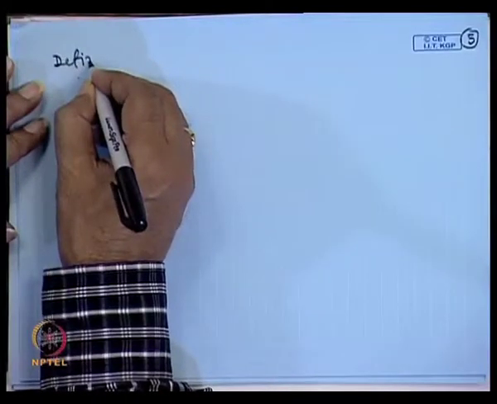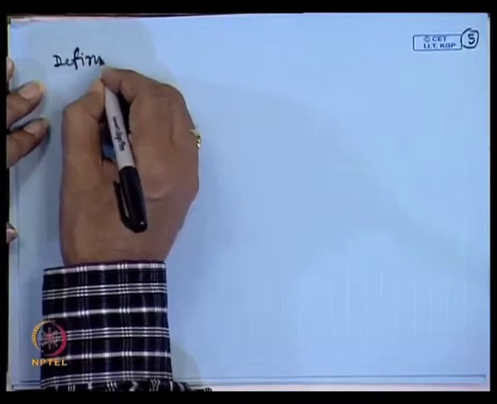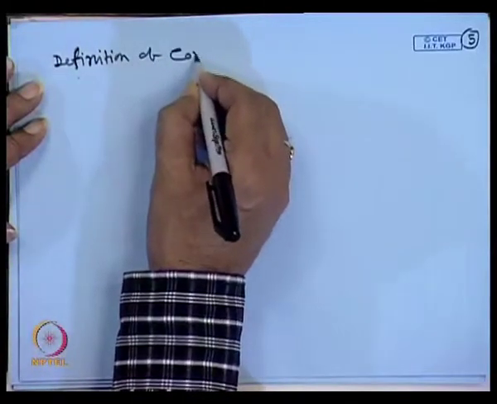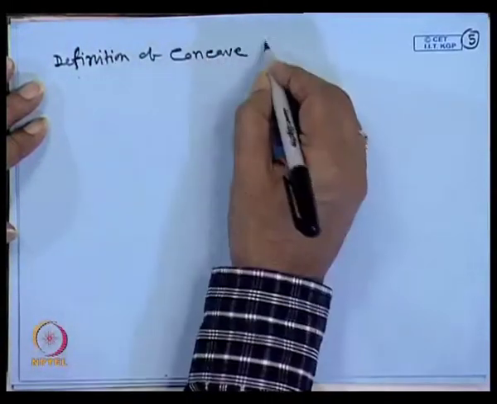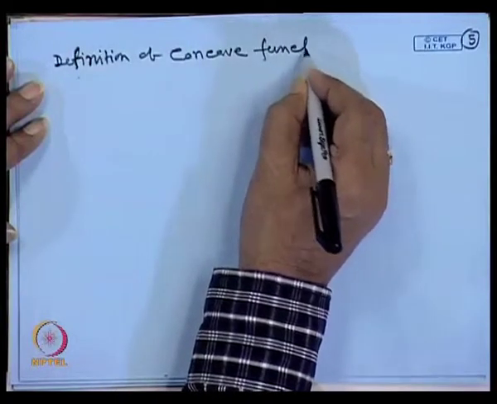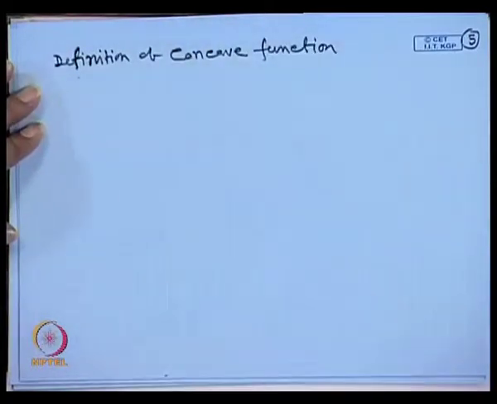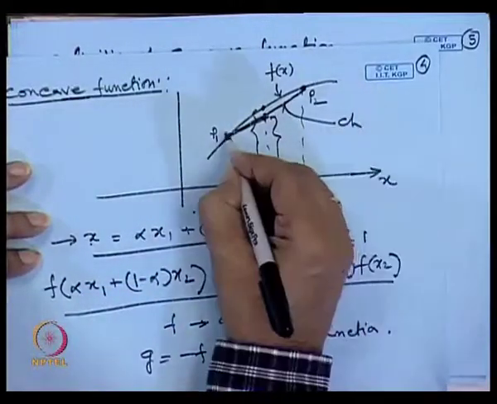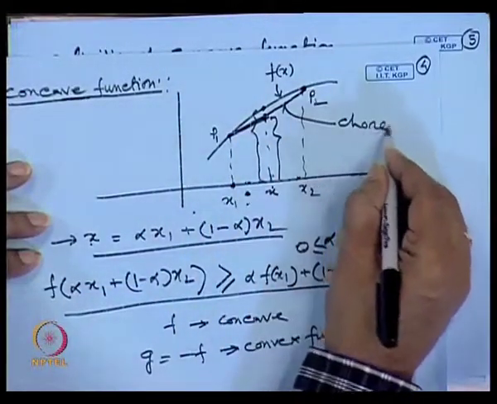So, the definition for concave function. These are the chords; in the beginning also we said this is the chord joining these 2 points, agree.